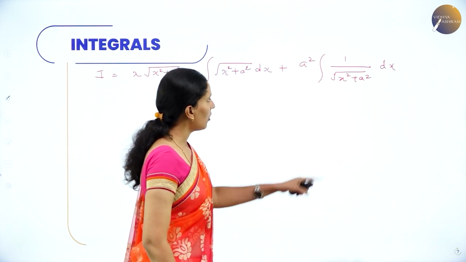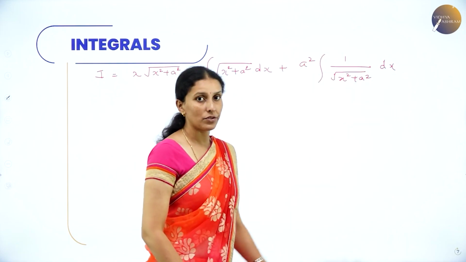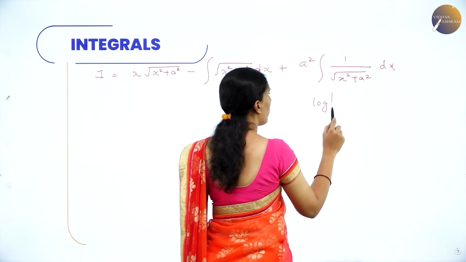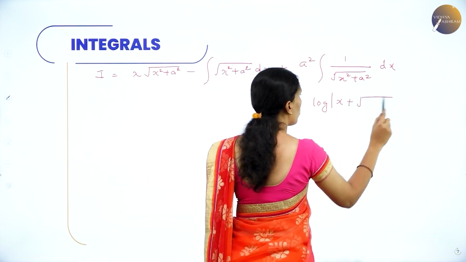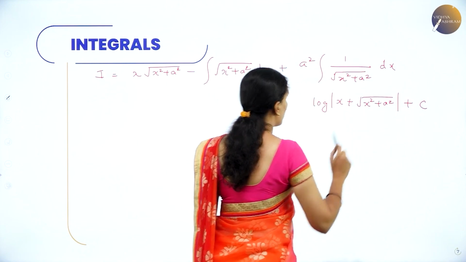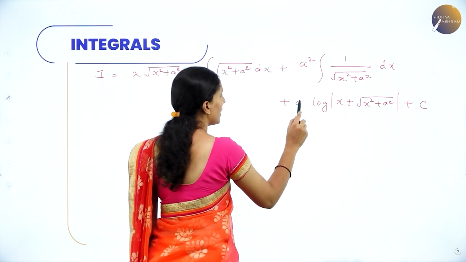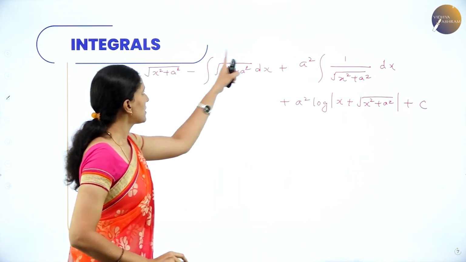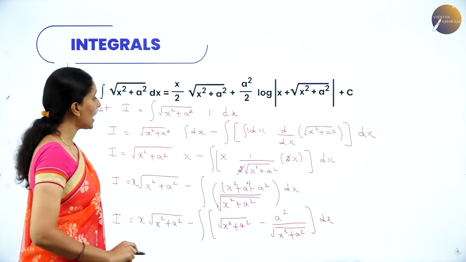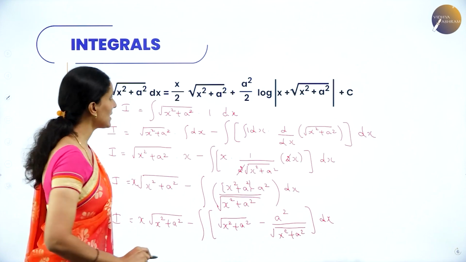The standard integral of the form 1 divided by root of x square plus a square can be written as log of modulus x plus root of x square plus a square plus integration constant. And here we have a square outside. This can be clearly written as I, as we have taken I as root of x square plus a square.